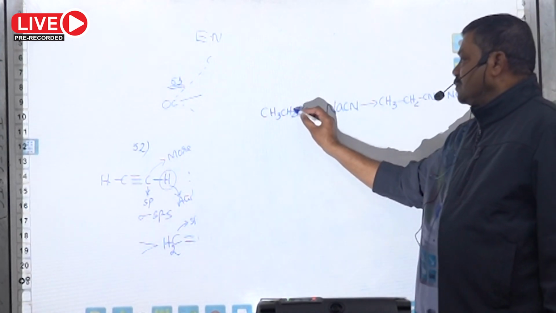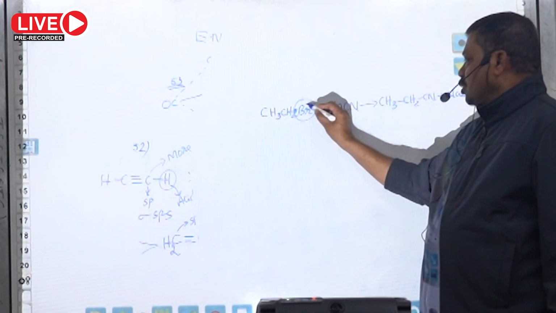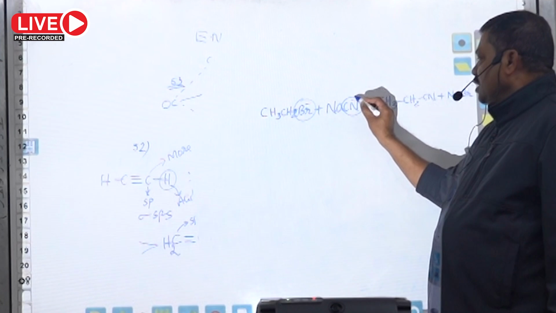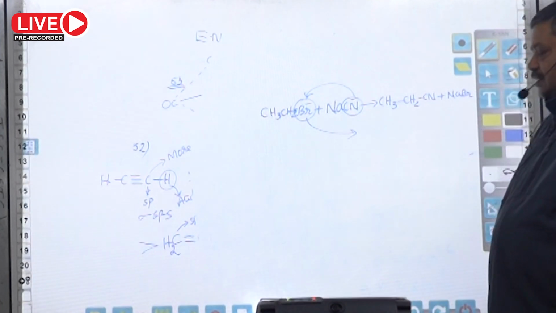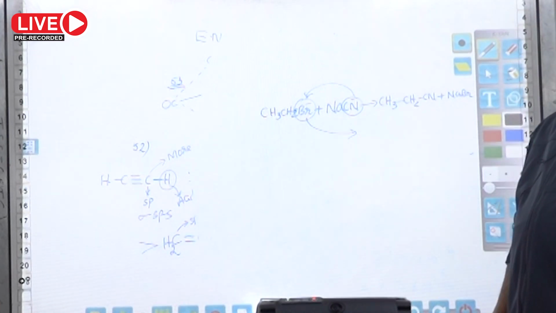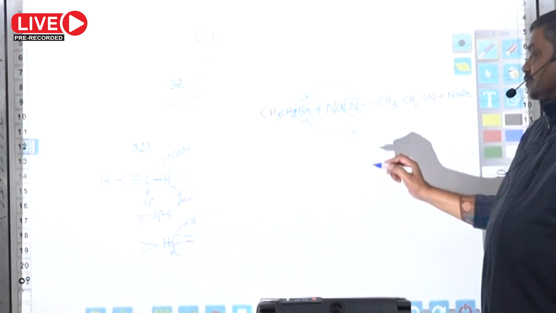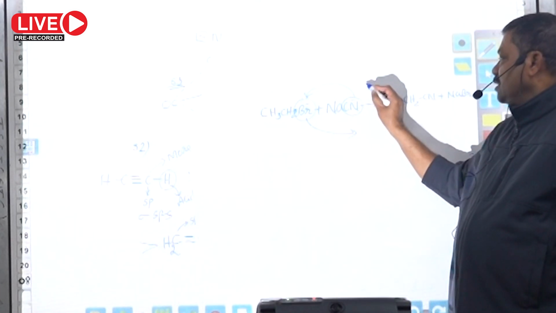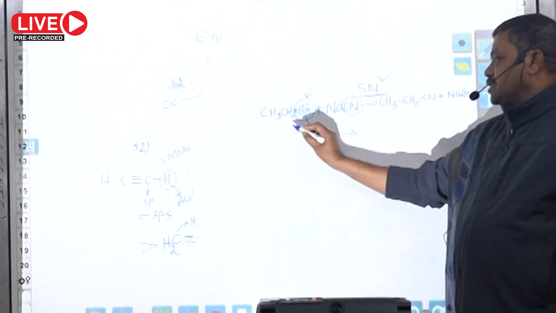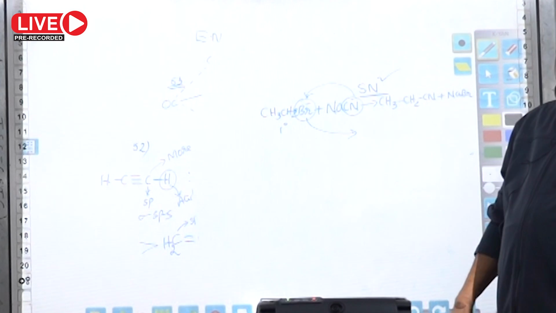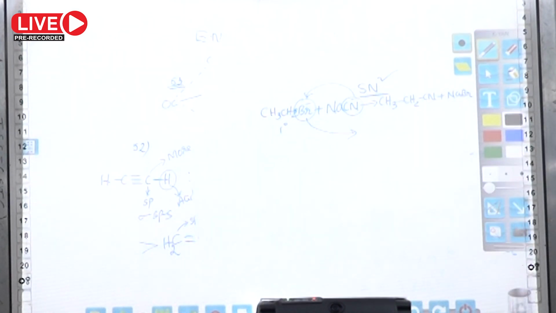Here, the Br minus is replaced by CN minus. One negative ion replacing the other negative ion. Because this is nucleophilic substitution bimolecular, because it is a primary alkyl halide.